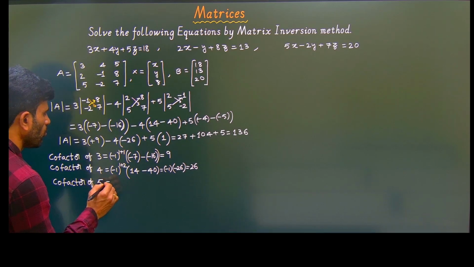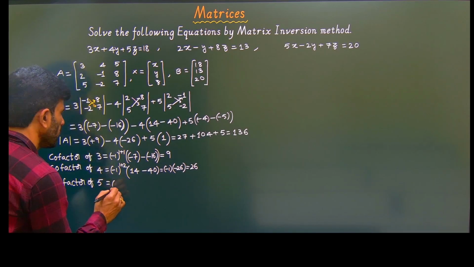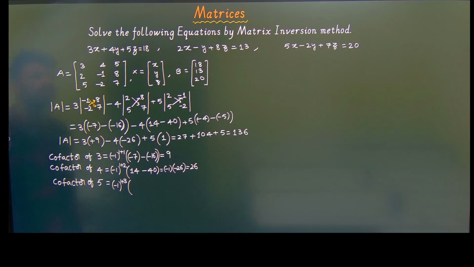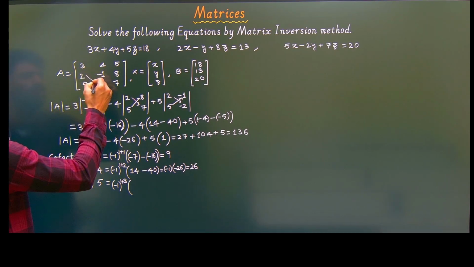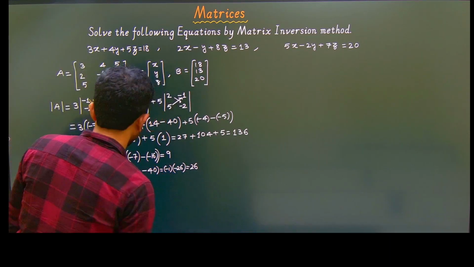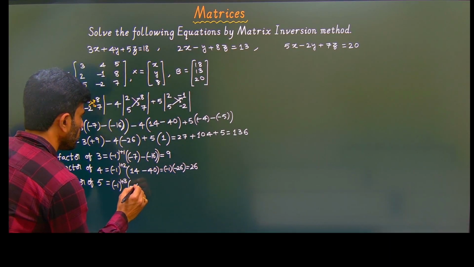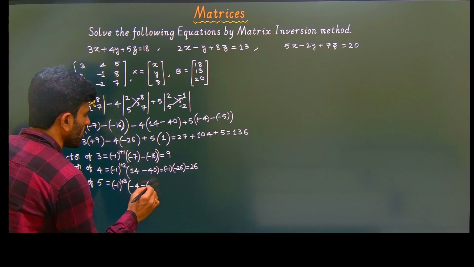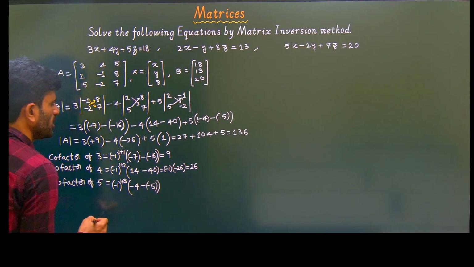is equal to, 5 is present in first row and third column, minus 1 whole to the power of 1 plus 3, into, now first row and third column should be eliminated, so that we will be having 2 minus 1, 5 minus 2. So 2 into minus 2, minus 4, minus of minus 5.